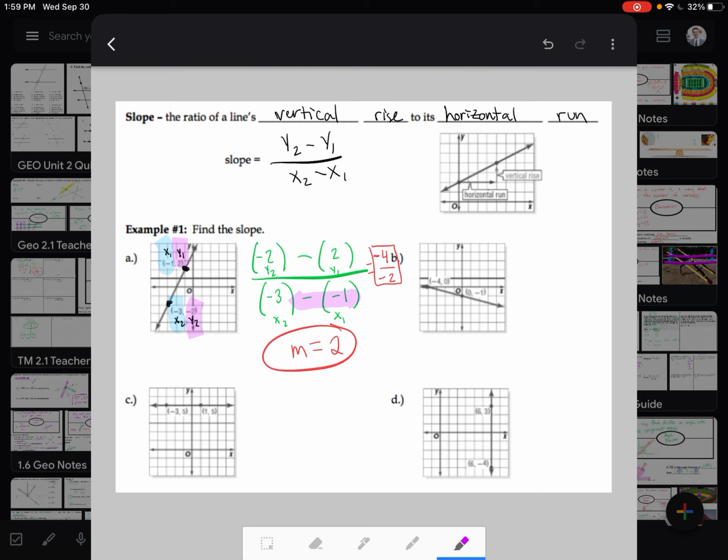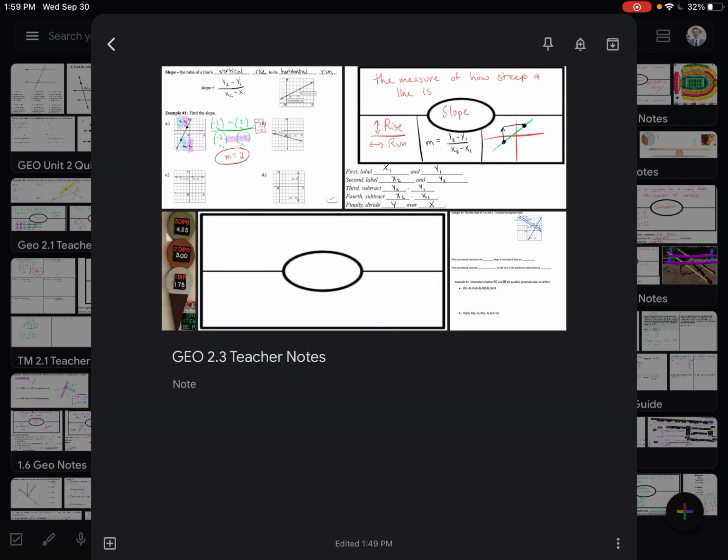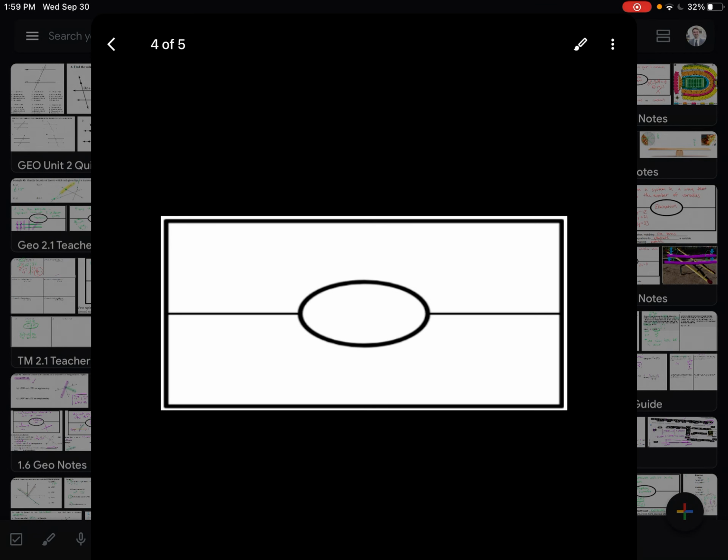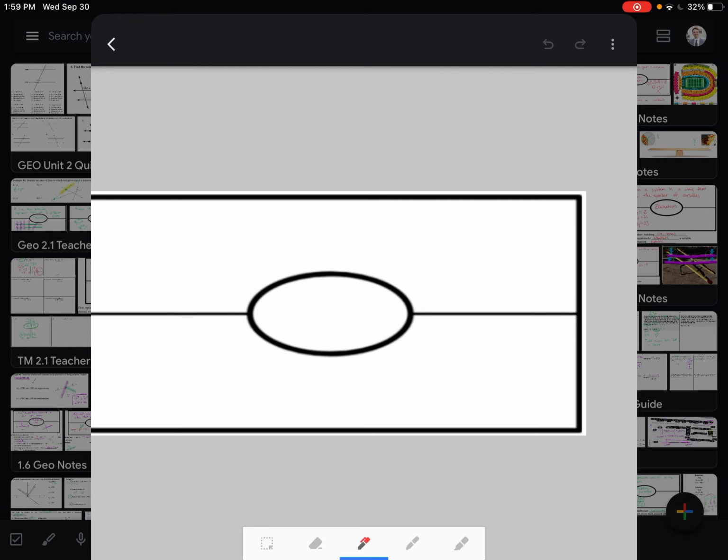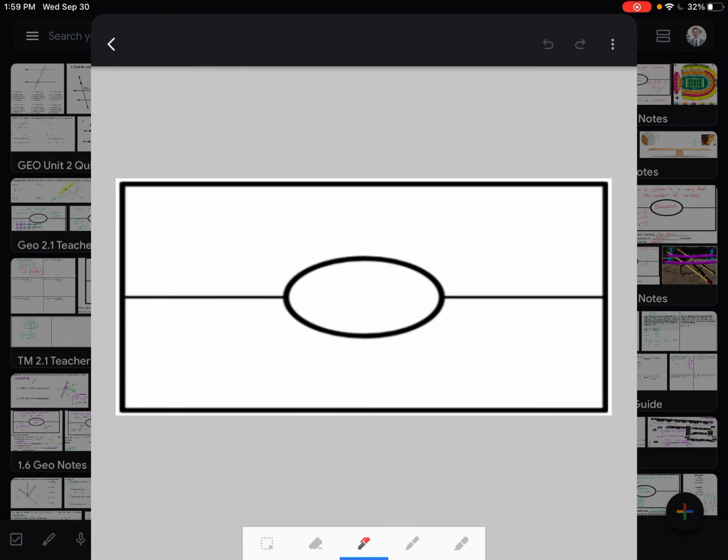And now we're going to actually turn over to our next example, which might be a little bit new. So hopefully slope was a bit of a review for some of us. Our next example might be a little bit new. I did cover this in my Algebra 1 class last year, but I know that not all Algebra 1 teachers get to this. So our next definition is perpendicular.